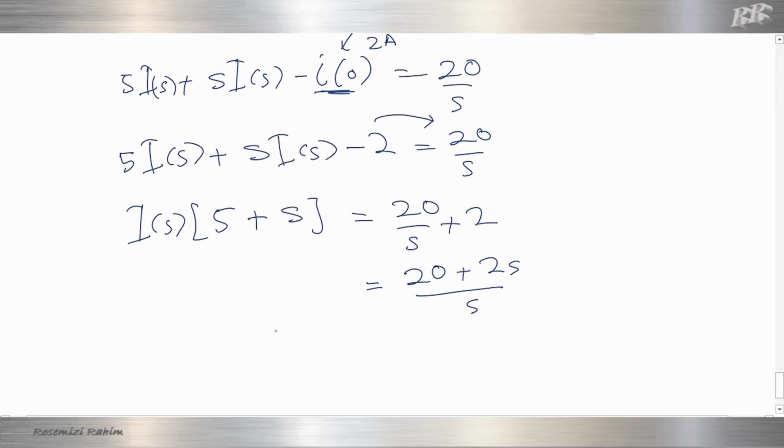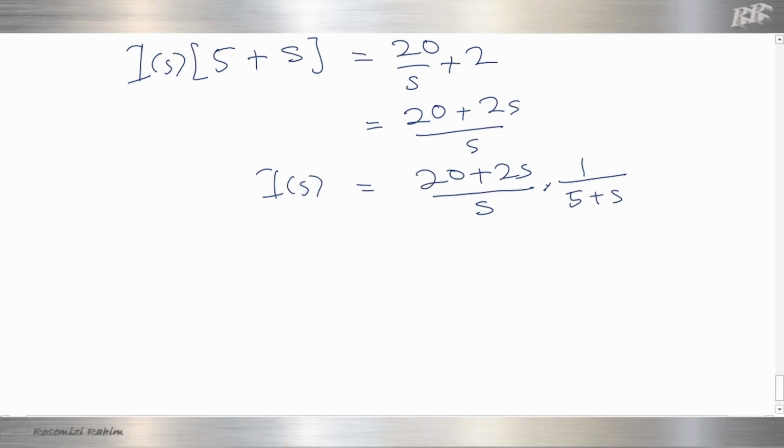Now I(s) is equal to (20 plus 2s) over s times 1 over (5 plus s), so I(s) equals (20 plus 2s) over s(s plus 5).